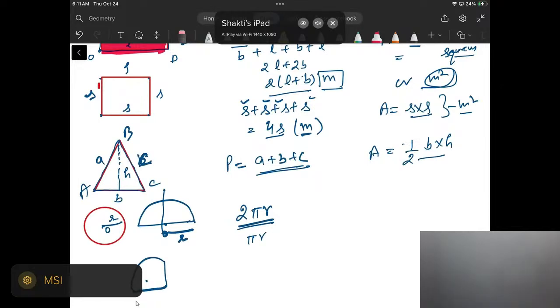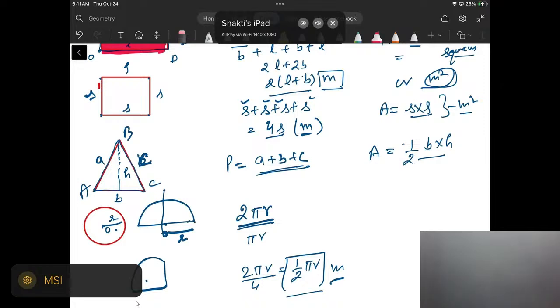So this is one fourth, when we divide it by 2, it will be 1 upon 2 pi r. Now what is the unit of the perimeter? The perimeter unit will always be in meters, whatever the unit of our radius. If the radius is in meters, it will be in meters; if in centimeters, it will be in centimeters. Same thing if I'm talking about the square.